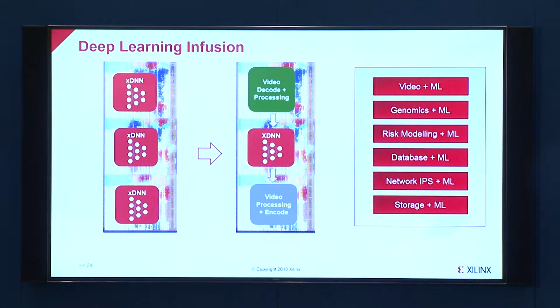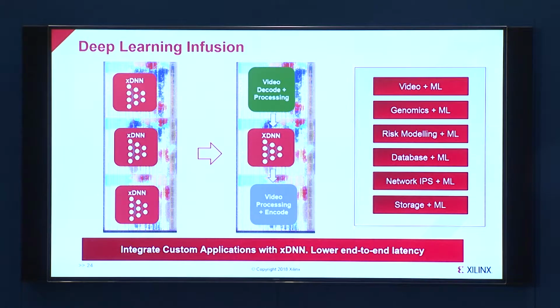Our customers are trying to use deep learning not in the standard way. They want to combine it with storage, network, and all the other things I talked about earlier. This is where you talk about system-level performance, and that is where we think we have a different solution compared to others.